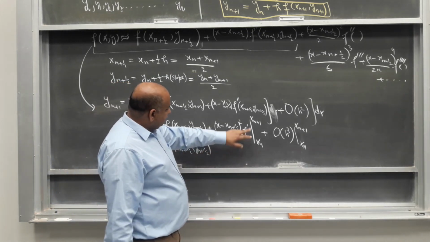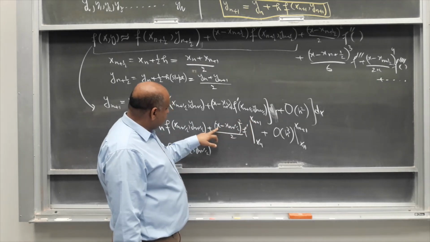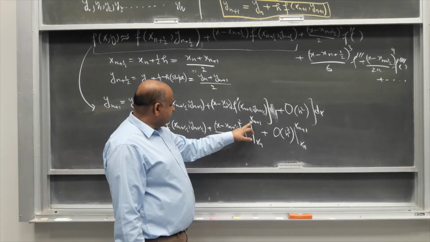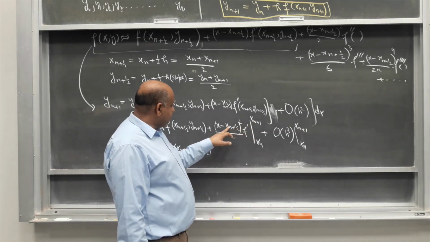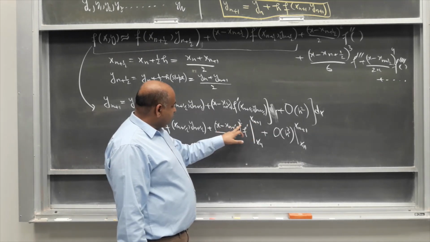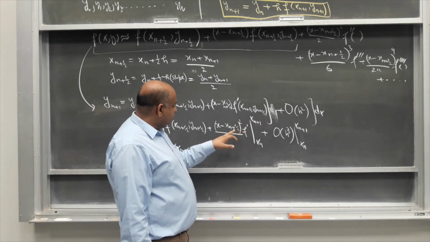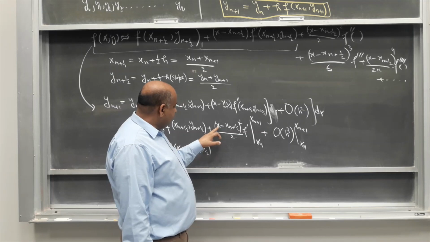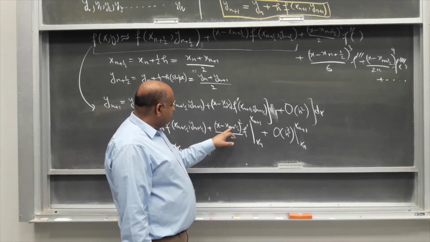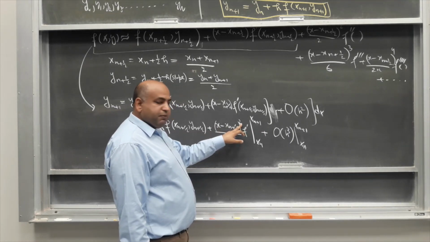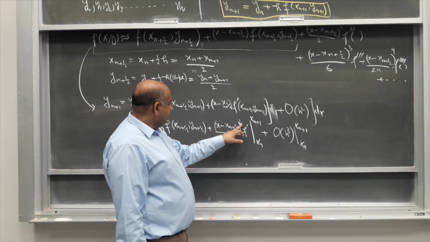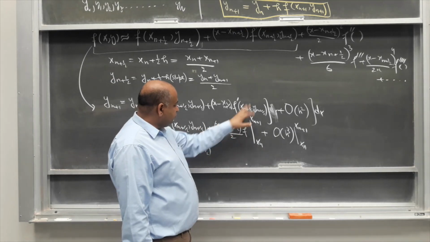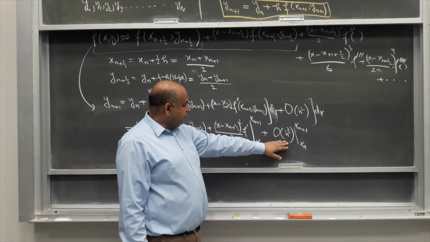We can see quickly that when we put x_{n+1} here, we get h by 2, because the difference between x_{n+1} and x_{n+1/2} is h by 2, and there's a square. Then we put x_n here, and we get minus h by 2, but its square will be plus h squared by 4, and when we subtract this from the other term we get 0, so its effect goes away.